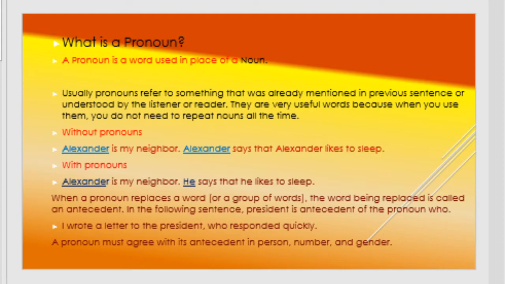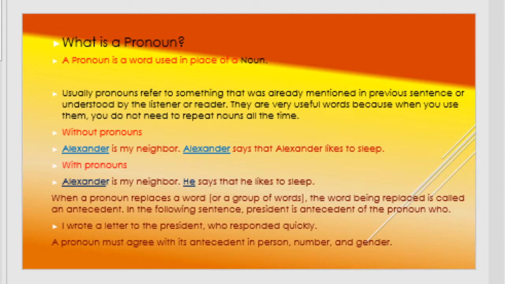When a pronoun replaces a word or a group of words, the word being replaced is called an antecedent. In the following sentence, president is the antecedent of the pronoun who. Let's read the example: I wrote a letter to the president, who responded quickly. A pronoun must agree with its antecedent in person, number, and gender.